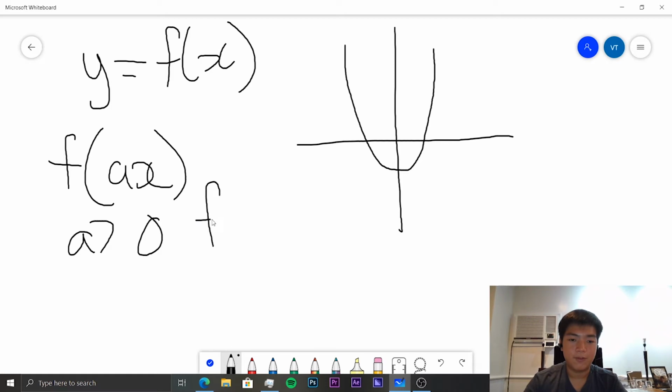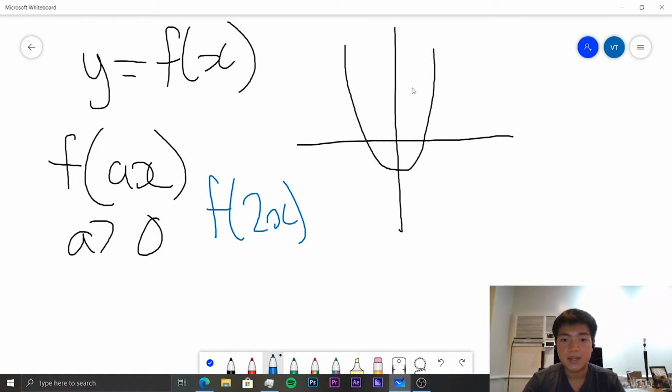Of course, with a being greater than 0, if a is greater than 1, then the graph is compressed. For example, if we have f of 2x, then the graph will look something like this. Notice how it's not being stretched vertically. We still have the same minimum point.